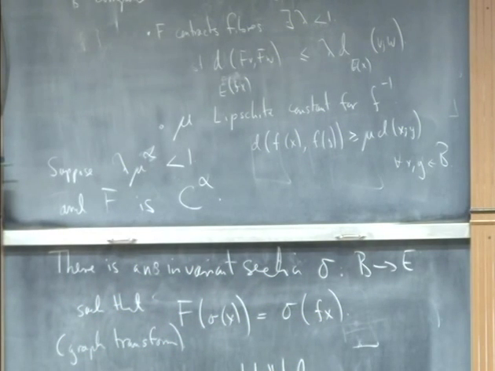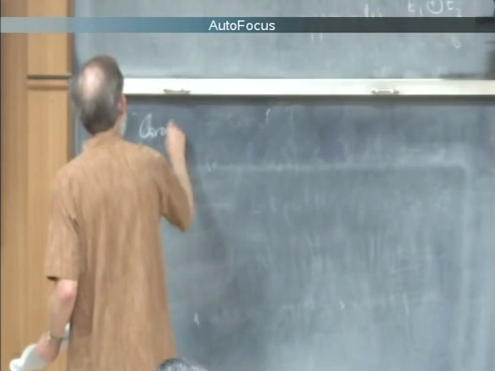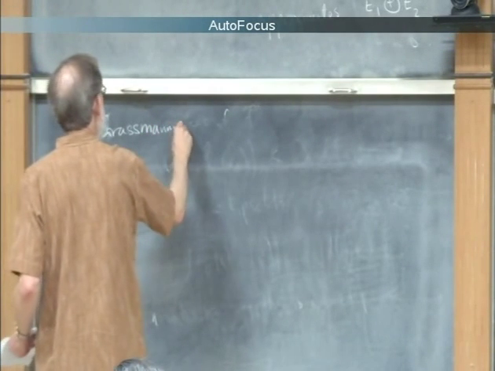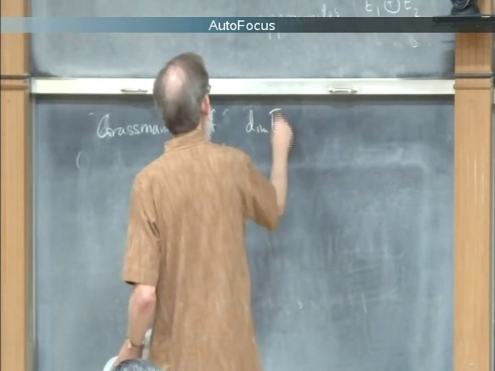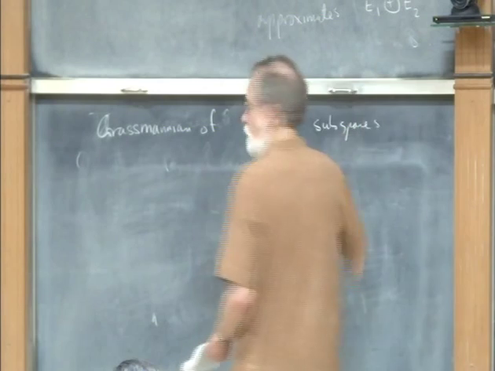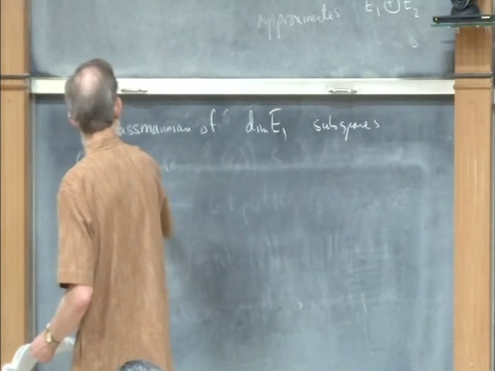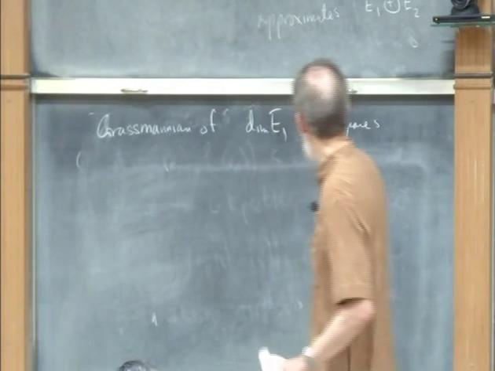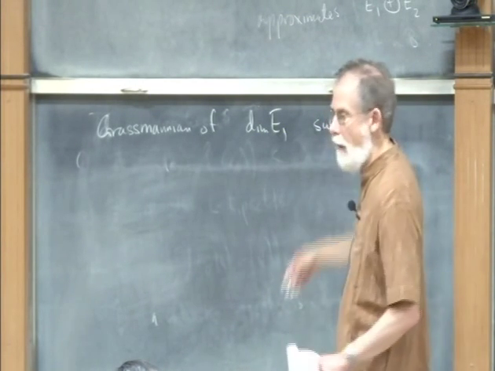So what I'm really doing is thinking about the Grassmannian of subspaces of that dimension. I'm really interested in ones that are moderately close to E1.